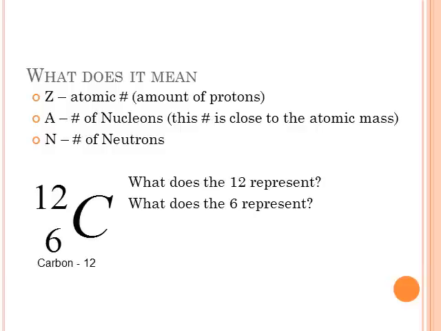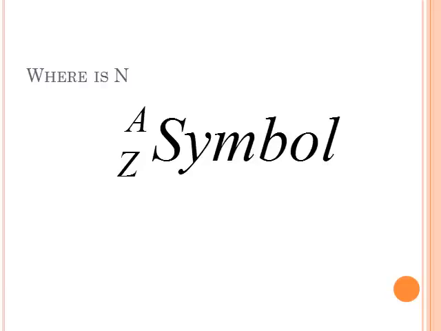So what do you think 12 represents? Is it the atomic number, number of nucleons, or number of neutrons? 12 should be the number of nucleons. 6 is the atomic number, or number of protons.